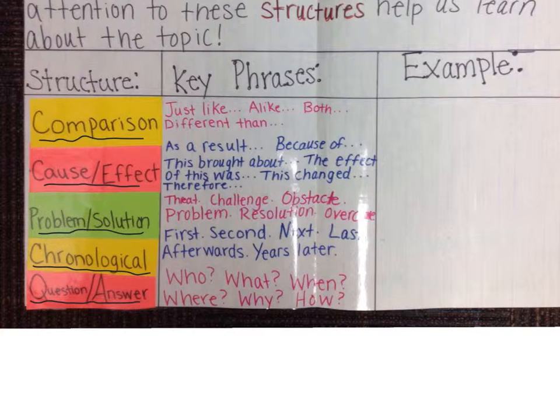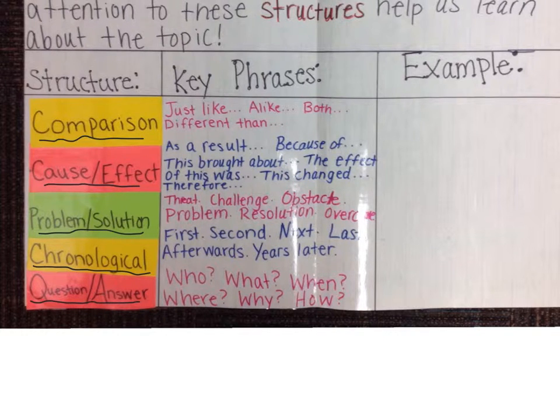So if we're looking at an article or a book that is compare and contrast, you might see words like just like, alike, both, or different than. If we're looking at a text that is structured with cause and effect, you might see things like as a result, because of, this brought about, the effect of this was, this changed, or therefore.